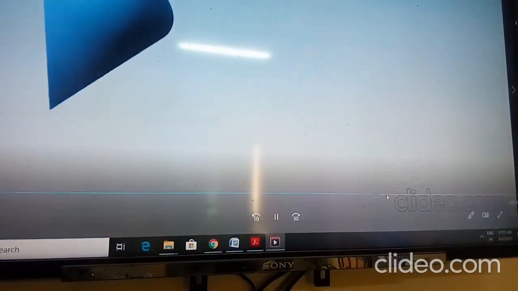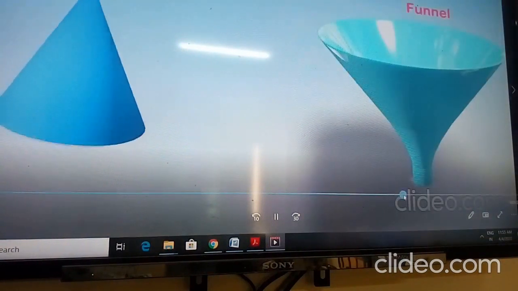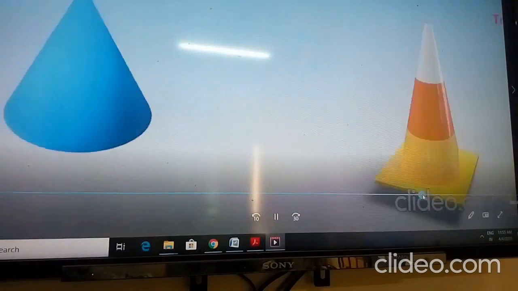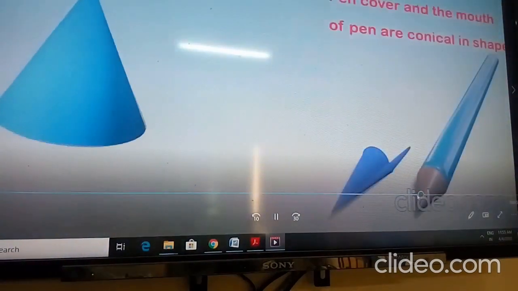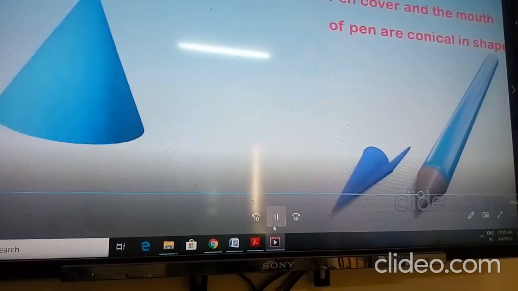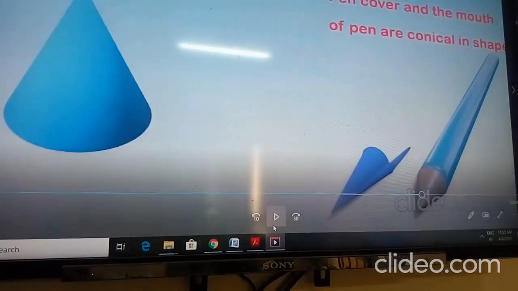Cone, we have some real life examples. Funnel, ice cream cone, traffic cone, and the pen cover and the mouth of pen are conical in shape.